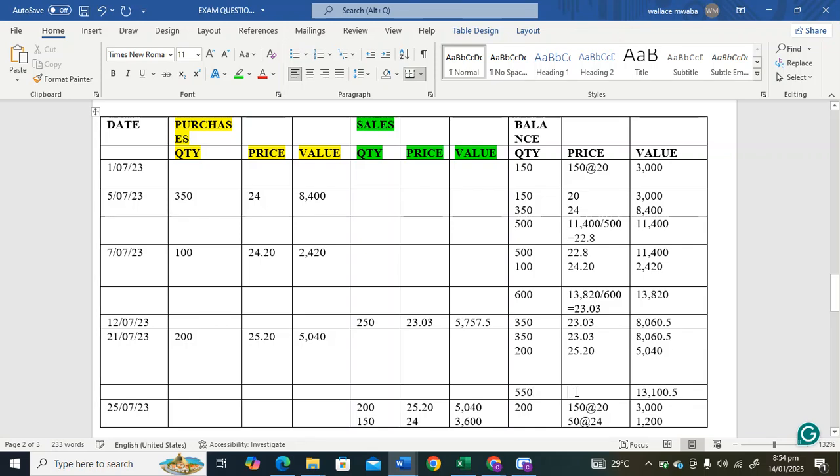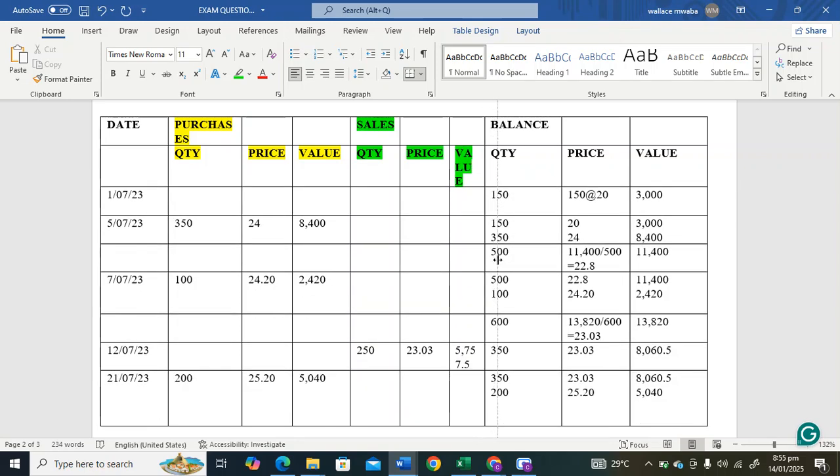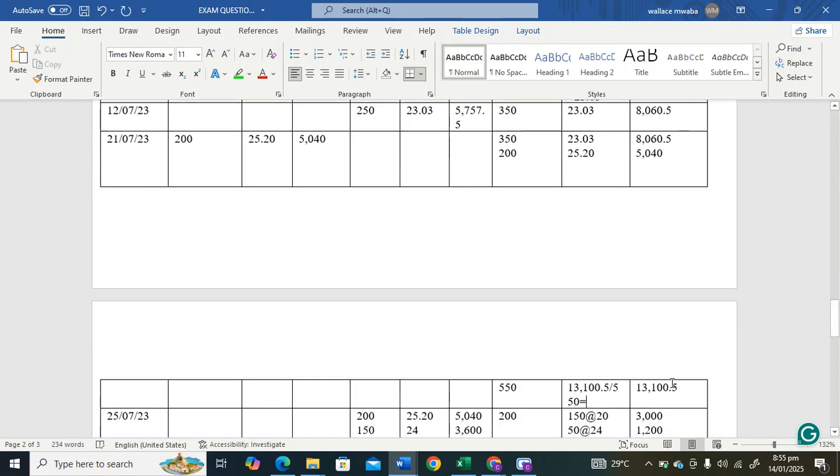So our average cost, 13,100.5 divided by 550. What value do we get? 23.82. Okay. All right.